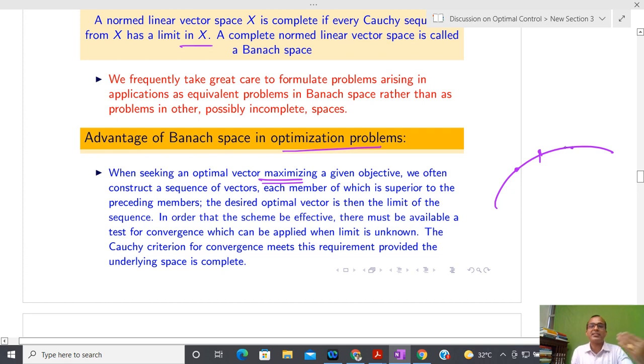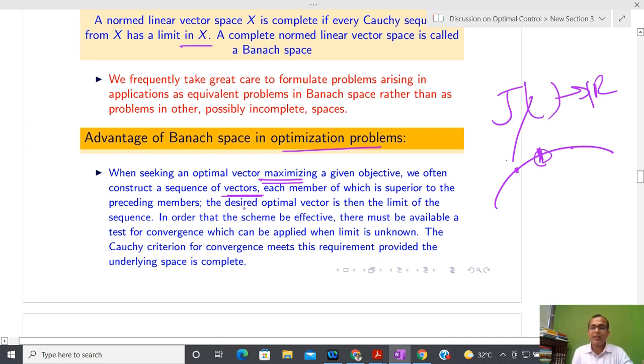Even if you consider a finite dimensional problem or an infinite dimensional problem, I have to make sure that whatever function is used here, suppose this is the maximum or extremum point, it maps to some real number, so I am able to compare. Due to that reason, I have written: construct a sequence of vectors. Vector here is a function. So a vector may be a function, a column vector, or some kind of matrix.